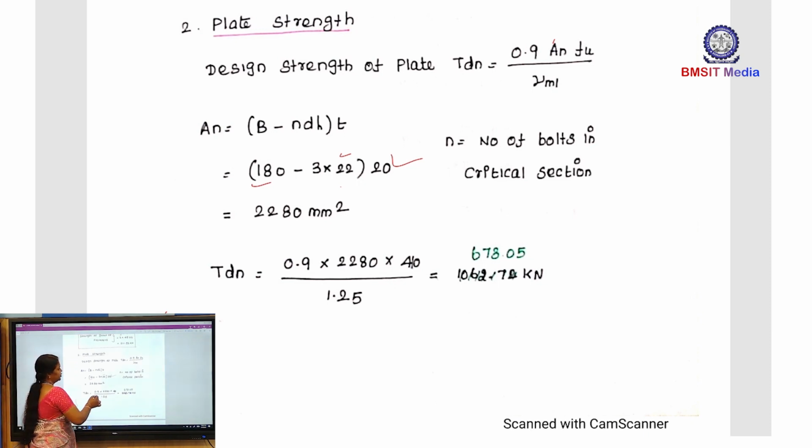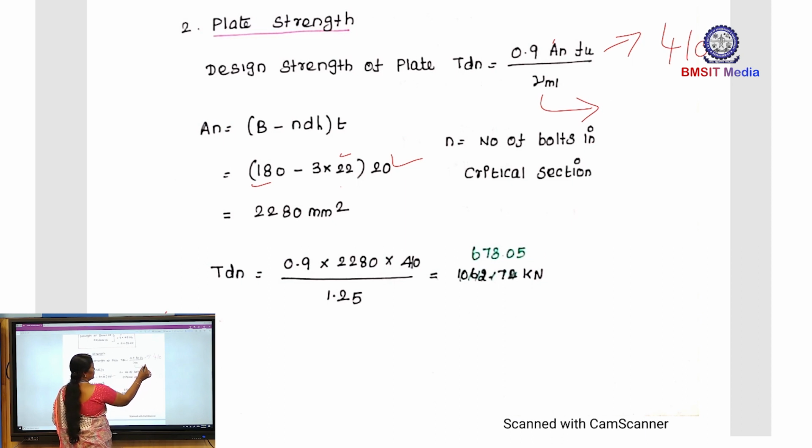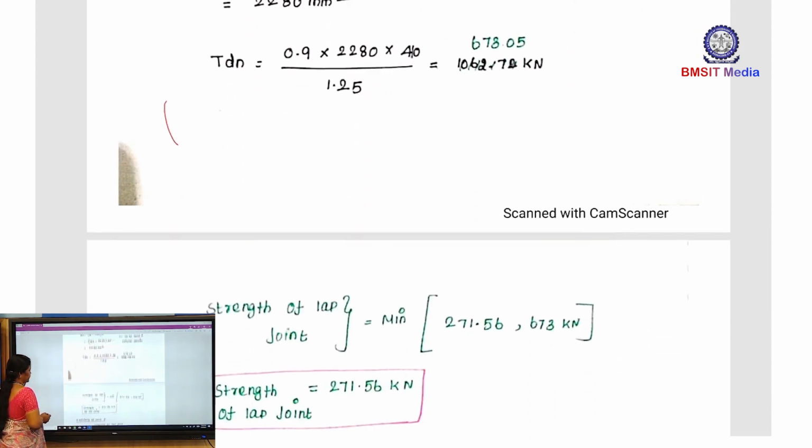Here, what is fu? fu equal to ultimate tensile strength of the plate, that is 410 Newton per mm square, and gamma m1 equal to 1.25, the partial factor of safety with respect to net section fracture. Substitute here and find out the answer.